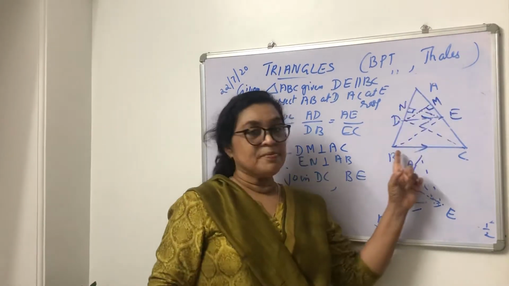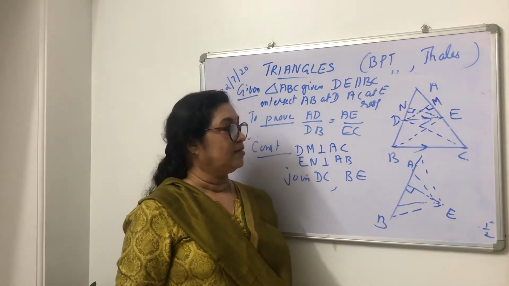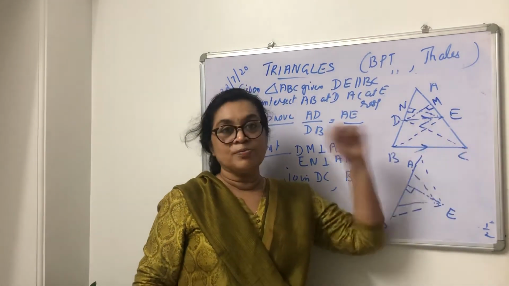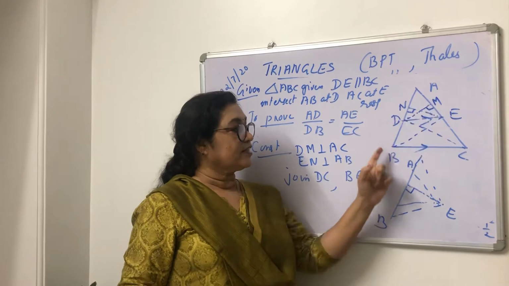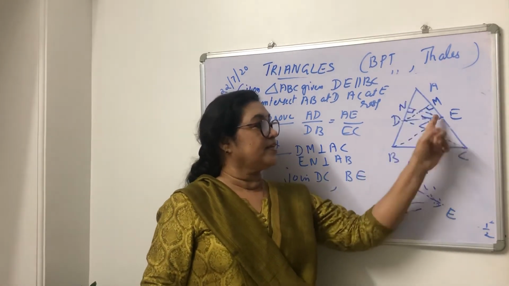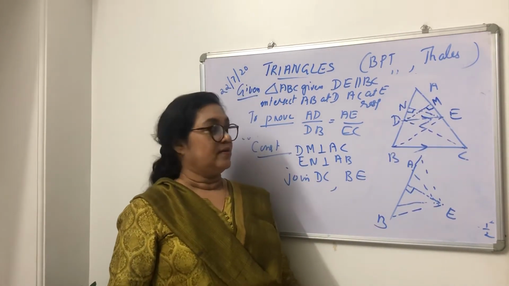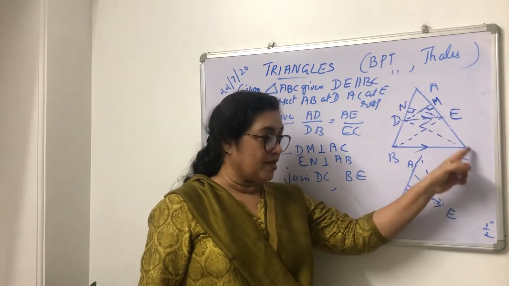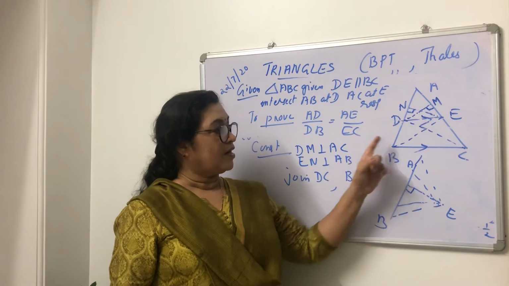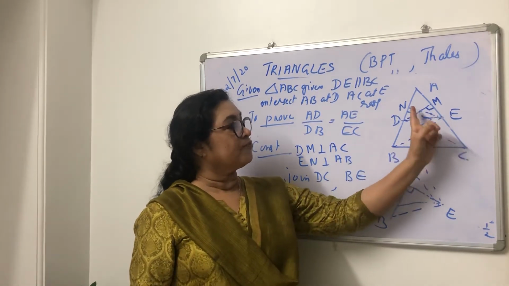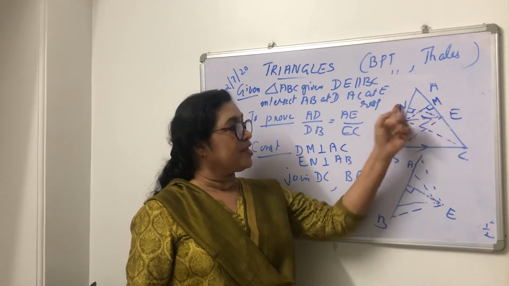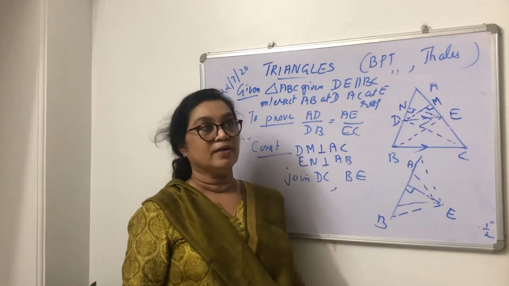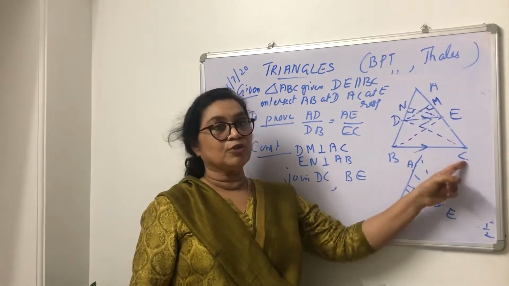Once again, ABC is a triangle, DE is parallel to BC, and it intersects AB at D and AC at E. You have to prove AD by DB is equal to AE by EC. Construction: draw perpendicular from E to AB, EN perpendicular to AB, DM perpendicular to AC.